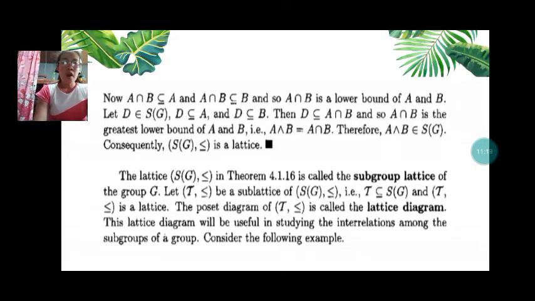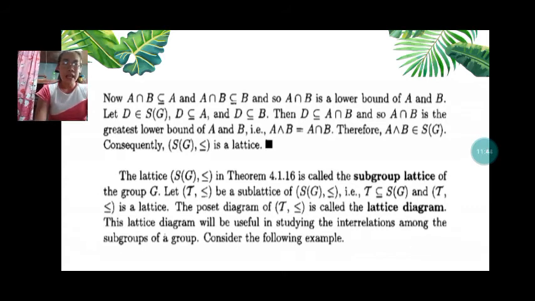The set of all subgroups of G with the ≤ in Theorem 4.1.16 is called the subgroup lattice of the group G. So that is what it is called, the subgroup lattice of the group G.